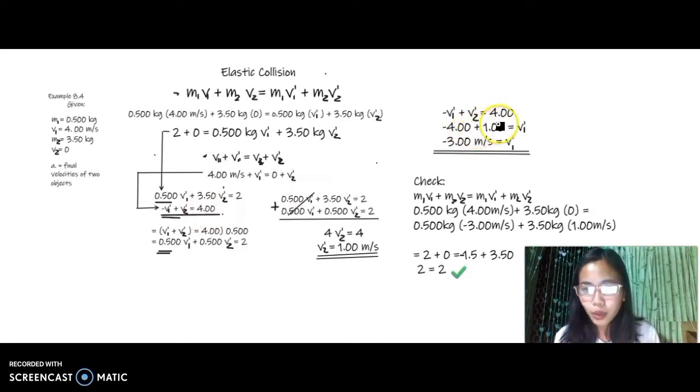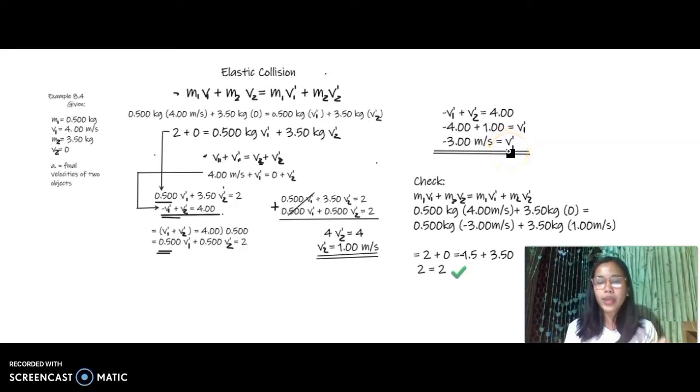So we're just going to move the 4 to the right in order to find the v prime 1. So that would be negative 4 since we moved that, plus 1, which we recently found is v prime 2, equals v prime 1, which is the one we are searching. So that would be negative 4 plus 1 equals negative 3 meters per second. That would be our v prime 1.